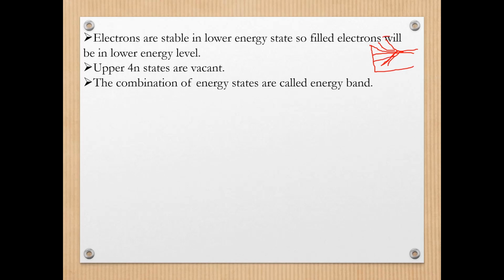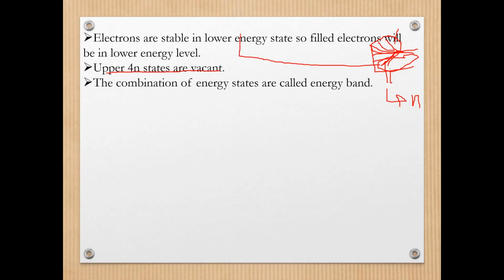The combination of these energy states is nothing but the energy band. This is a band and this is a band. So upper 4n states are vacant. Here these energy states are vacant, and these energy states are filled by 4n electrons and have lower energy.